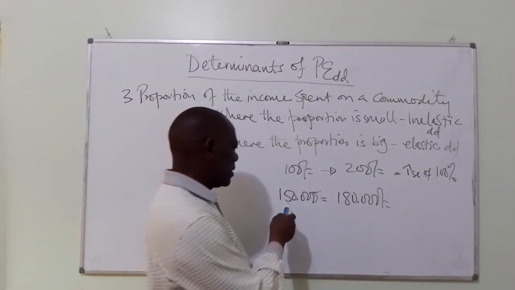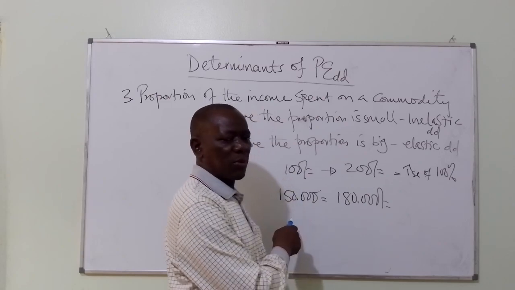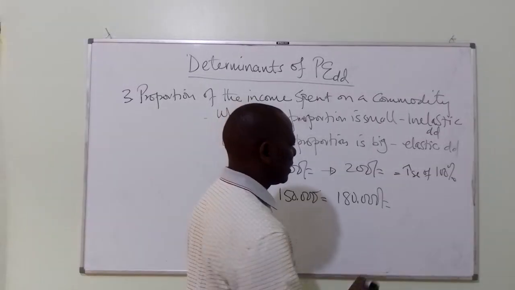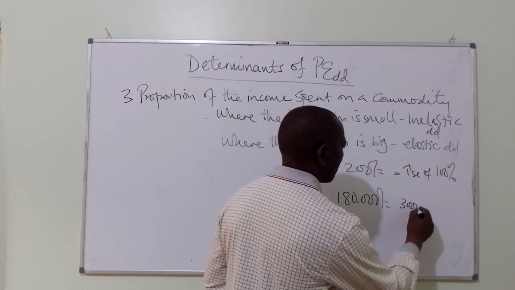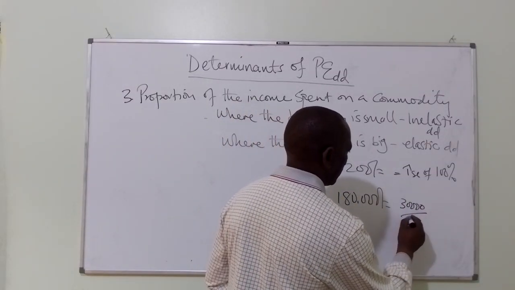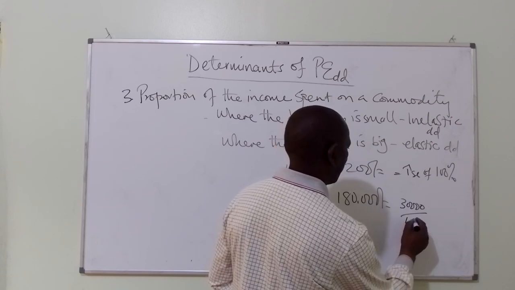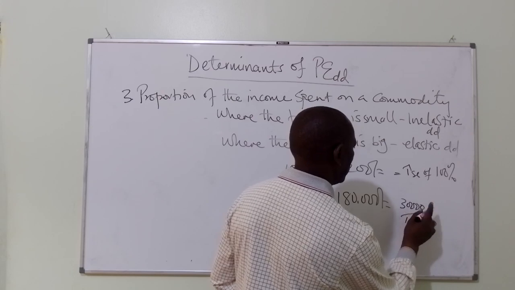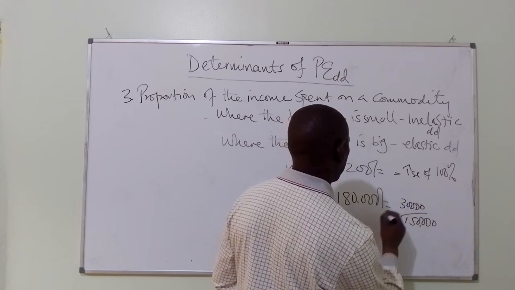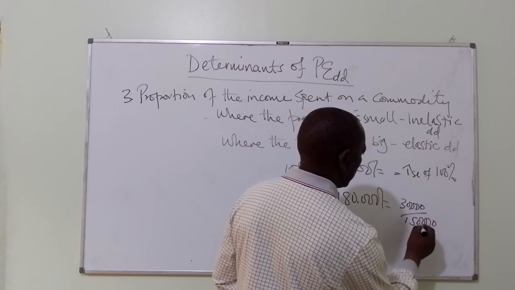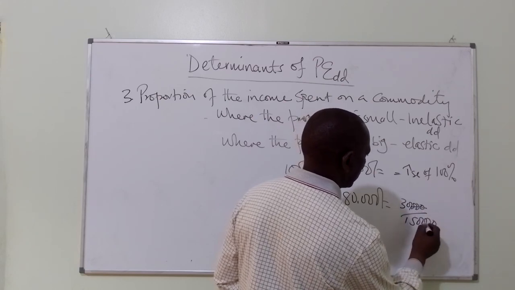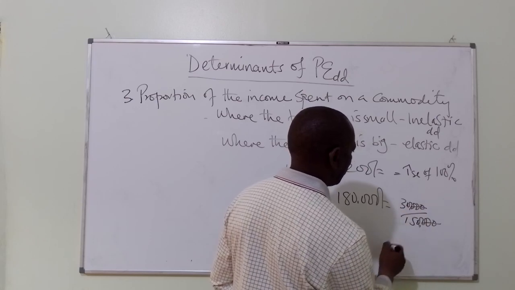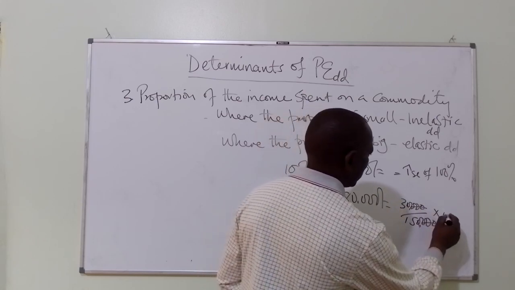Whereas if the radios have been costing 150,000 and have gone up to 180,000, that means the increase is 30,000 over 150,000. What you are going to see is the zeros cancelled, and you're going to see times 100.